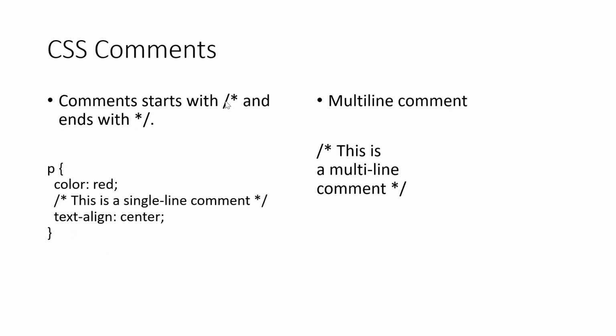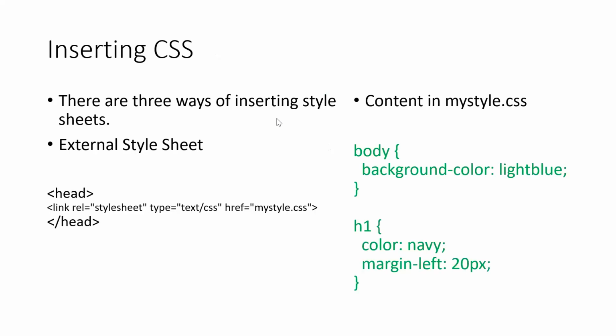Right. Then we looked at how to put comments, for our understanding or for clarity. The comment starts with a slash and a star, and also ends with a star and a slash, right? So this could be used as a single line comment as well as a multi-line comment, in both ways, right?